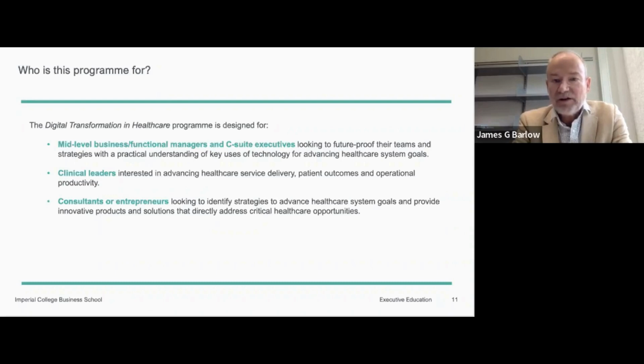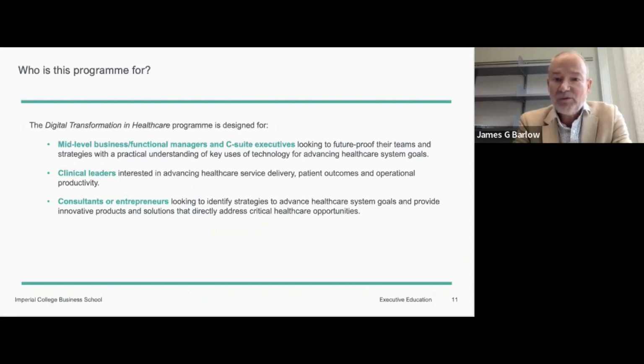And then we're also interested in attracting clinical leaders to the course, people who know that they need to transform their services digitally. They know they need to meet all sorts of very intense challenges going forward around maintaining quality and safety and doing that in a cost-efficient way.